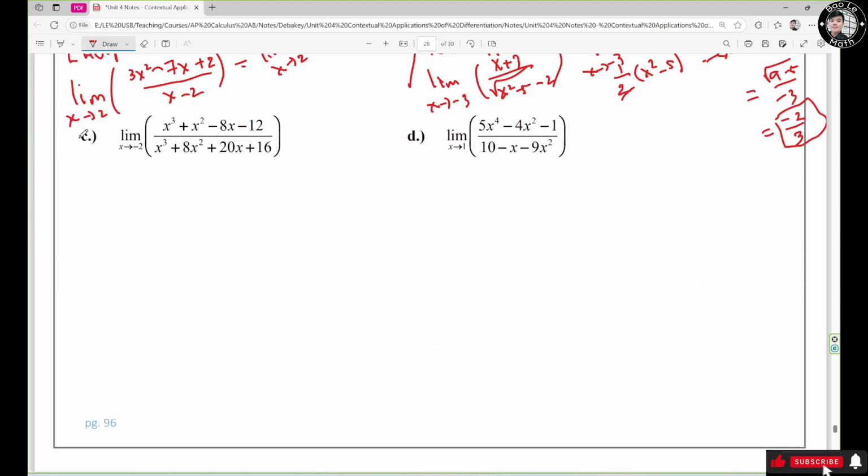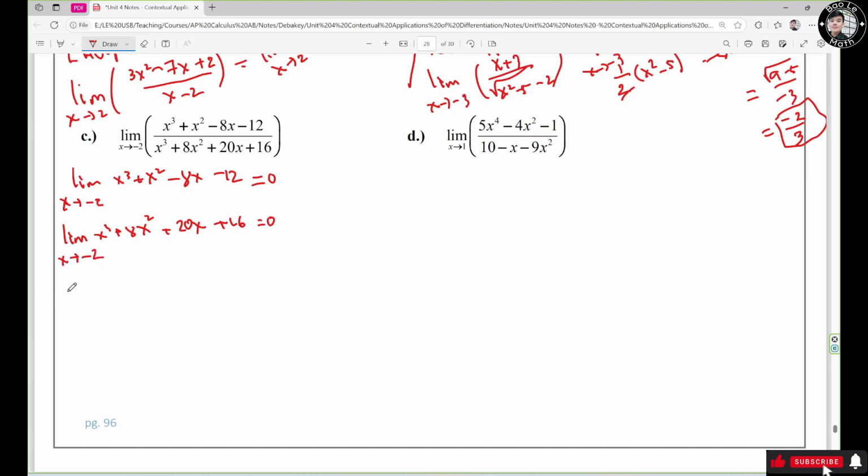Now question C. We have the limit of s cubed plus s squared minus 8s minus 12 as s approaches negative 2 equals 0, and the limit of s cubed plus 8s squared plus 20s plus 16 equals 0 as s approaches negative 2.